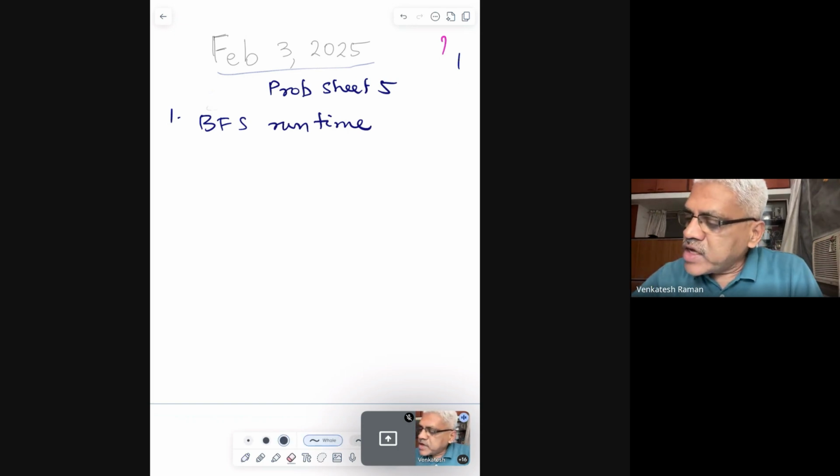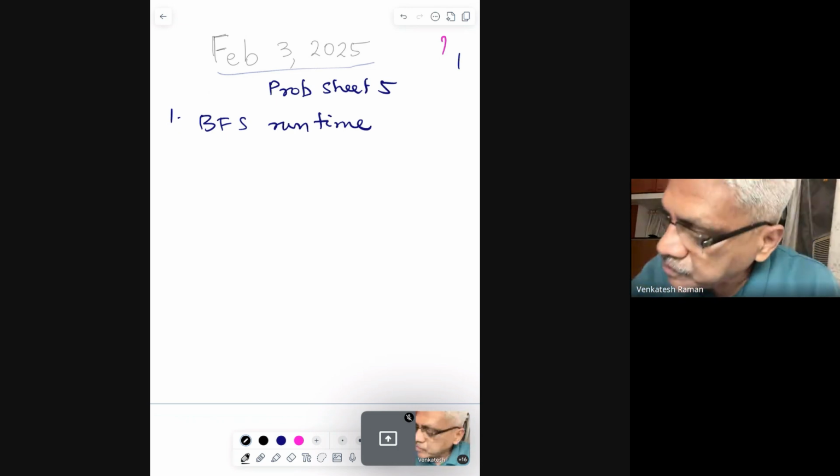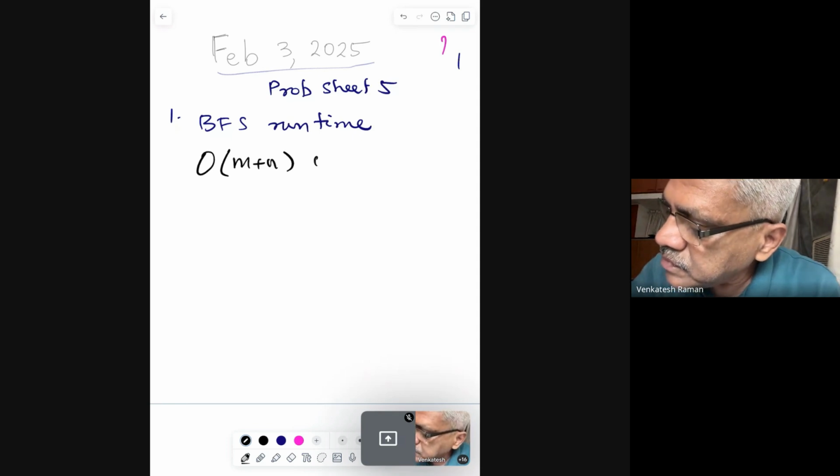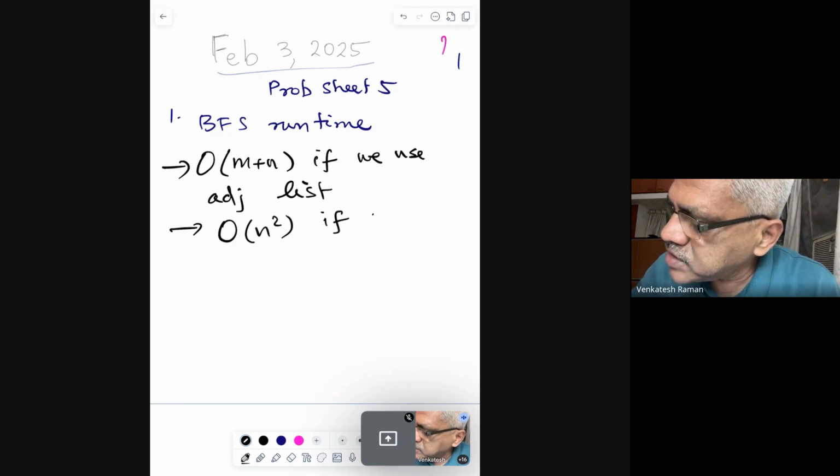In particular, why is it m plus n if you use adjacency list, and why is it n square if you use adjacency matrix?